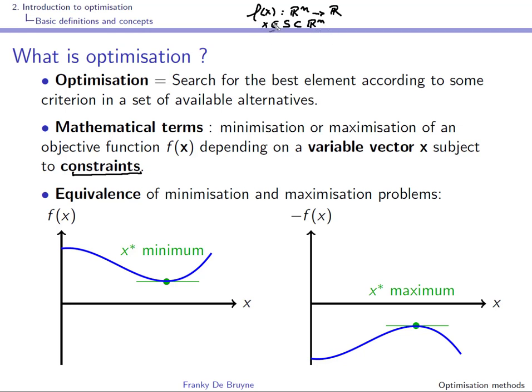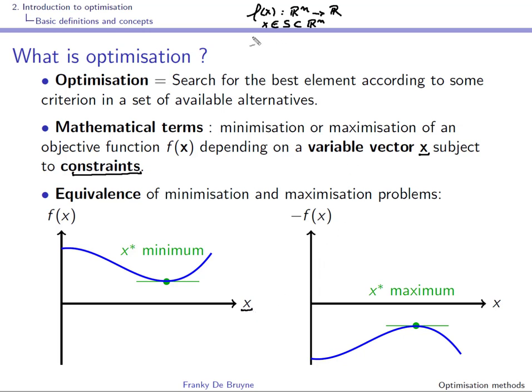So x is a vector here, and you can see this from the notation. When you have a lowercase letter x in bold, it denotes a vector. Here you have a lowercase letter x that is not in bold, so this denotes a scalar. F of x depends only on one scalar variable.